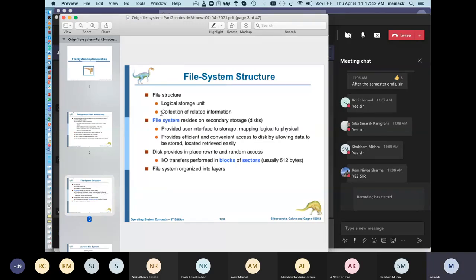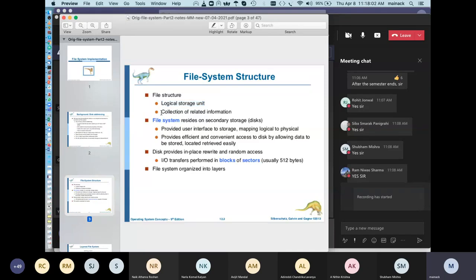And then you also need to do some bookkeeping of this data, because this data will come with a collection of related information. For example, file ID. For a file, there is data associated with the file which will reside on some logical blocks.